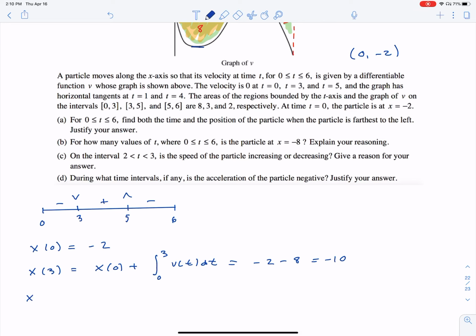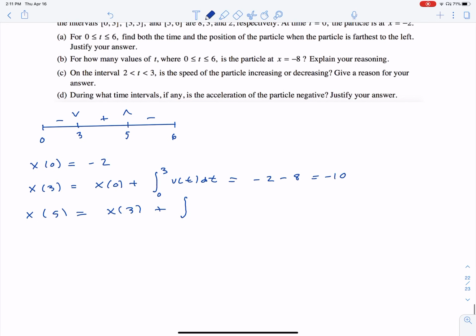Now let's go find x of 5. I just found x of 3, so I'm going to start there. It's going to be equal to x of 3 plus the displacement from 3 to 5 of v of t dt. Sorry, I'm going to raise it up a little because my handwriting's kind of going.